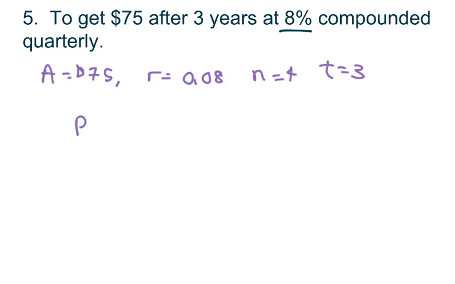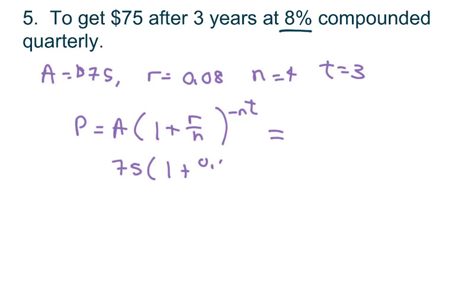So P equals A times (1 plus r over n) to the negative nt. So this is going to be 75 times (1 plus 0.08 over 4) to the negative 4 times 3. And that's approximately 59.14.